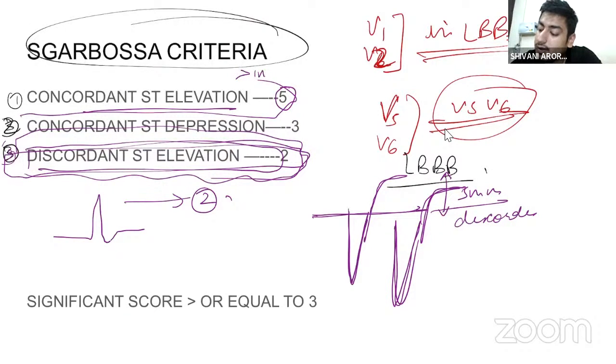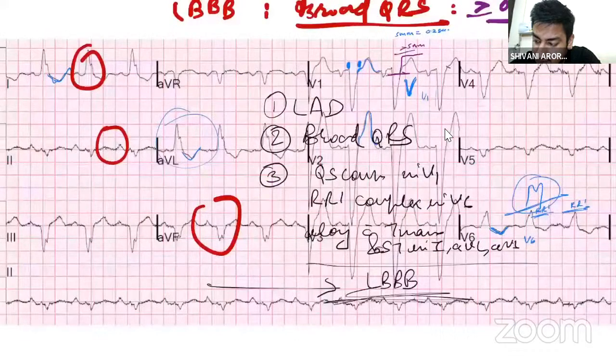Suppose this is lead V6, we have this upward QRS here. Now if in lead V6 we have ST elevation of 1 mm, then it is called significant concordant ST elevation, and we give it a score of 5.